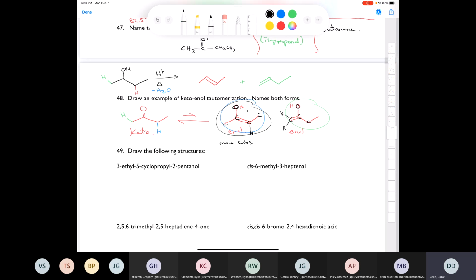That's what Zaitsev product is all about. This would be a Zaitsev product. So in that case, 2-butene would be more substituted. Absolutely. And that's why it's Zaitsev's product. But I just don't want you, substitution, right?